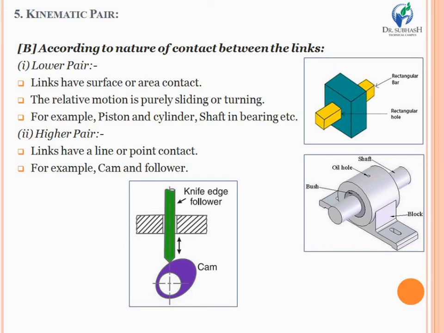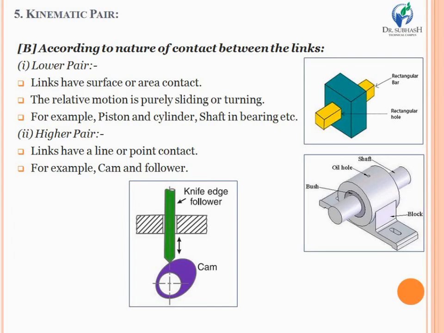So in all such examples you find the lower pair, and in case of a lower pair, the relative motion is purely sliding or turning, because in the shaft and bearing example, the shaft is rotating relative to the bearing, whereas in an IC engine assembly, that means piston and cylinder assembly, the piston slides with respect to the cylinder. So this is about the lower pair.